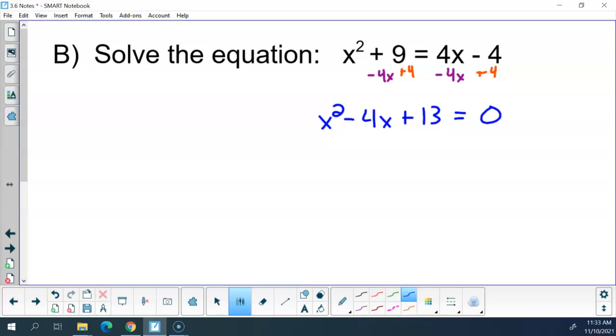You think so? Maybe? You tell me. Because there's that 4x term in there. If there wasn't that 4x term, yes, we could. Okay? But that 4x term says, can't do it that way.